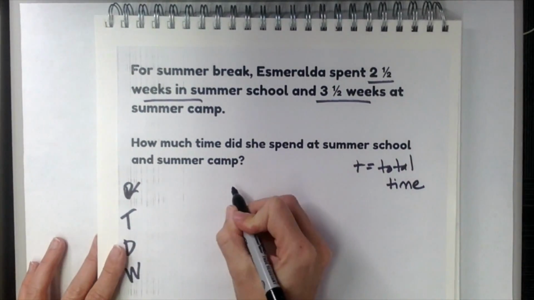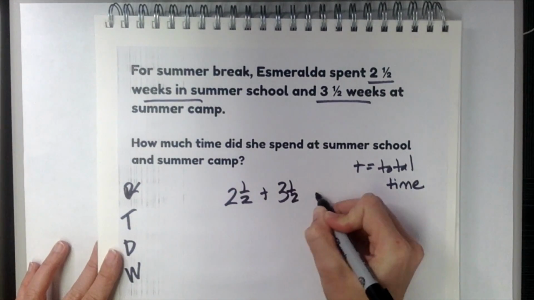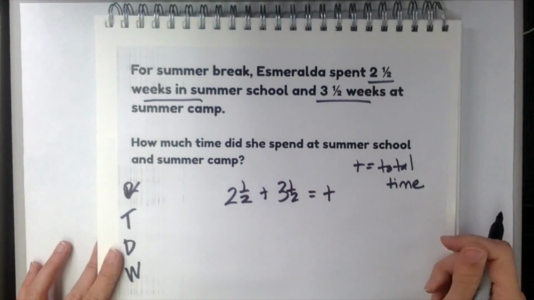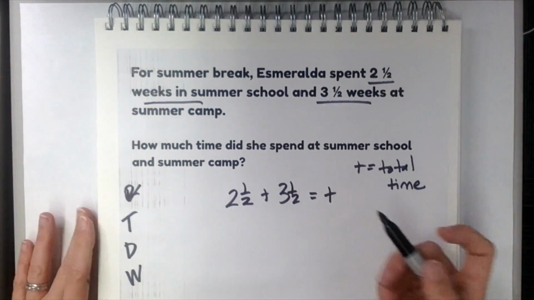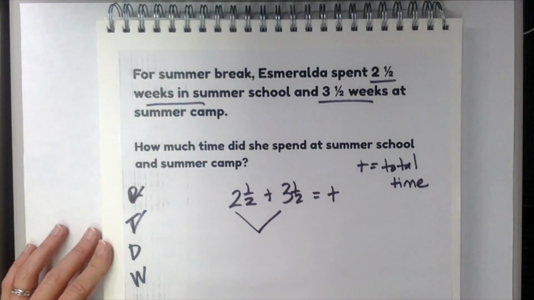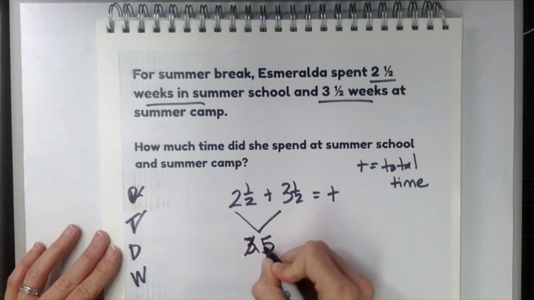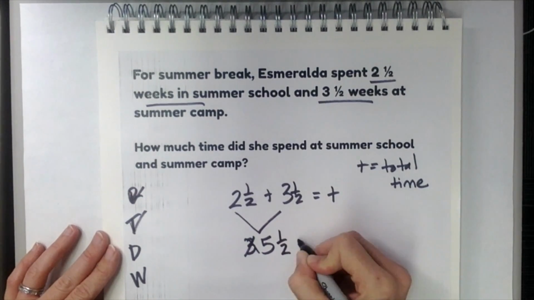Okay, so I'm gonna do 2 1/2 plus 3 1/2 equals that total time spent in the summer. So we could do this like we did before. We can do our whole numbers first. So we get 5, and 1/2 plus 1/2.